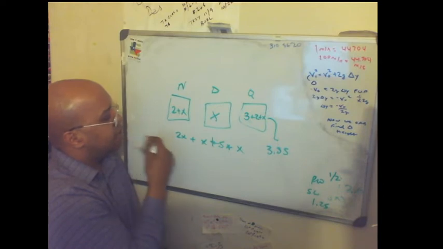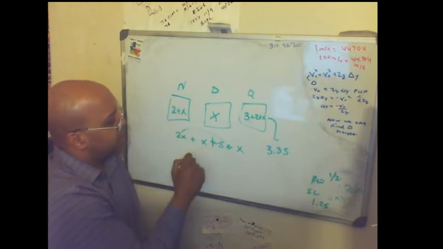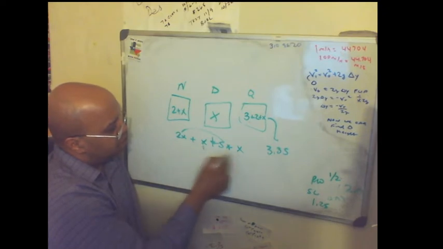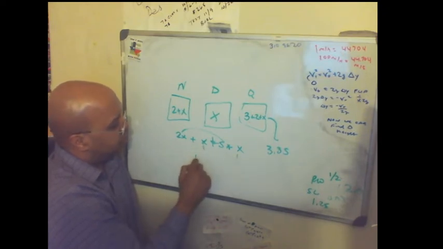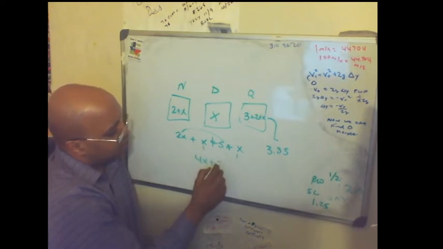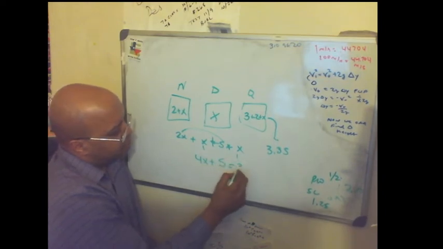And then 7x, no, 2x and x, 4x plus 5, 3, 5.